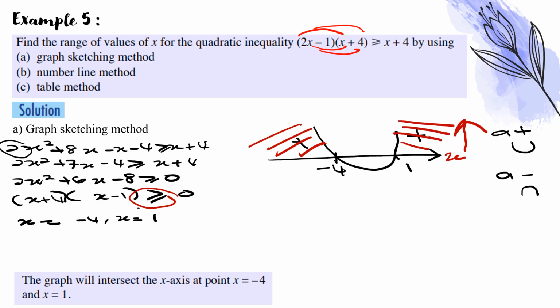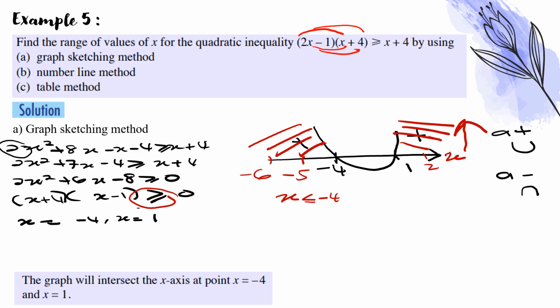Okay, so what is the range for this one? You know that this one is negative 4, and this one is negative 5, and this one is negative 6. The value becomes smaller, right? So x is less than or equal to negative 4. And then on the right hand side, this one is 1, 2, 3, and so on, and the value is more than 1, right?